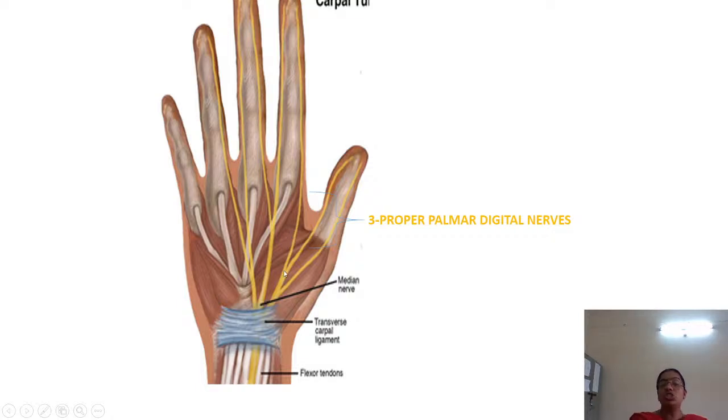These three proper palmar digital nerves supply the adjacent sides of the thumb and the radial side of the index finger. The branch supplying the radial side of the index finger supplies the first lumbrical.